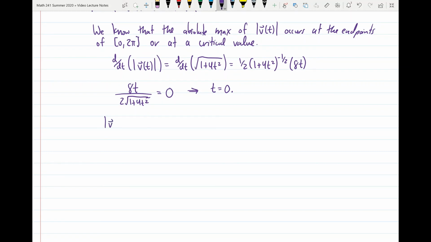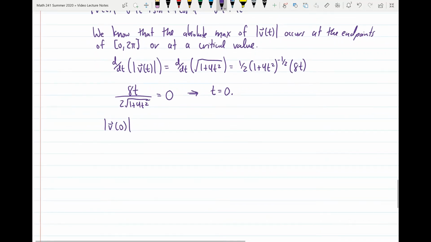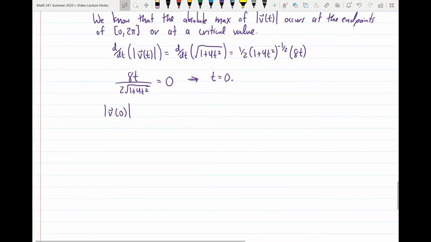So if we plug in 0, which happens to be both our critical value as well as an endpoint, into our function for the speed of the particle, we get the square root of 1 plus 4 times 0 squared, which is just equal to 1.